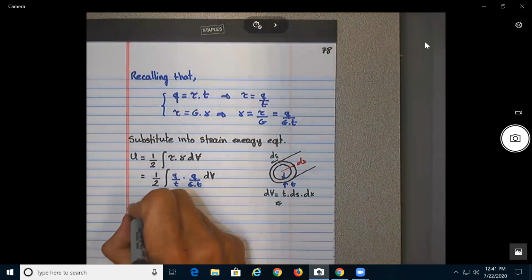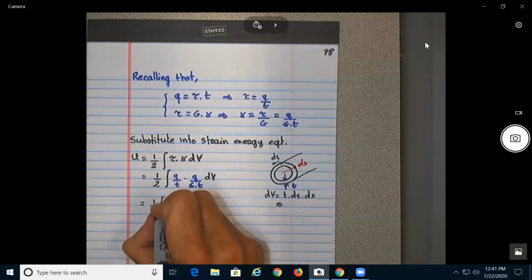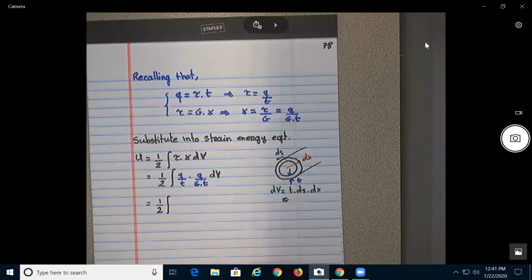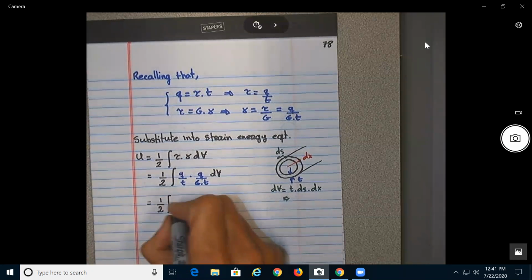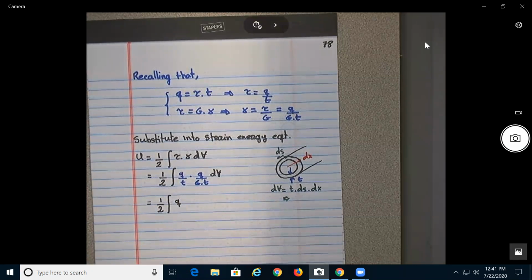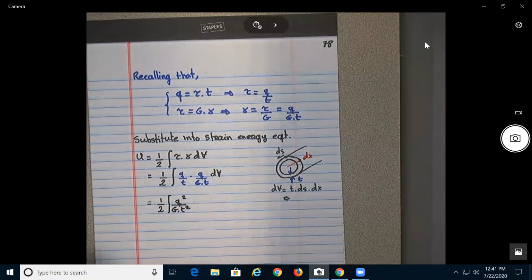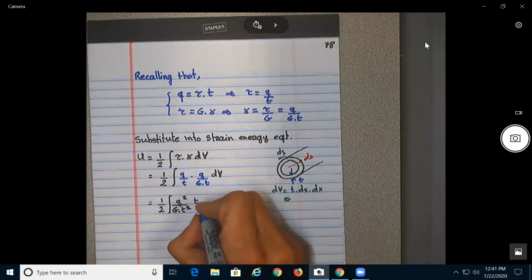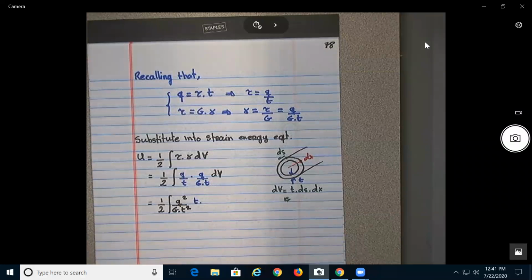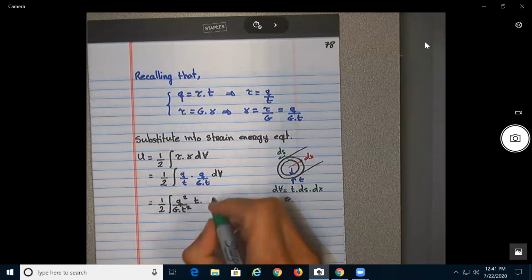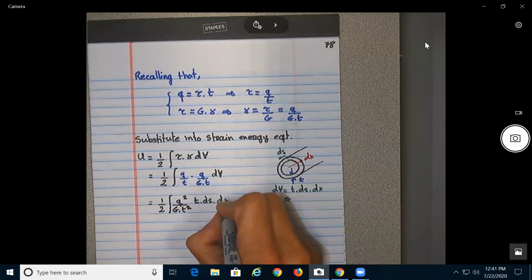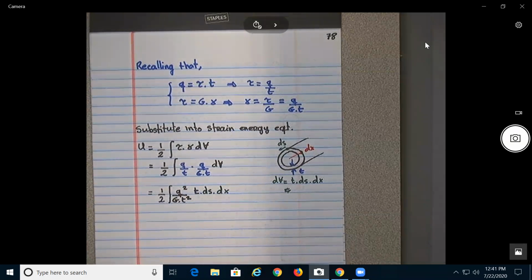Okay, so this will give us what? 1/2 integral of Q squared over G T squared times T ds dx. So we see here we can cancel one of the T's.